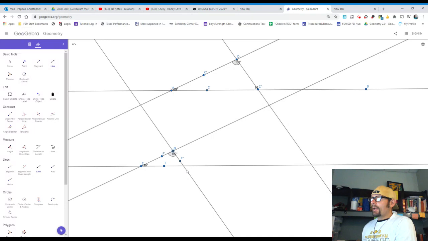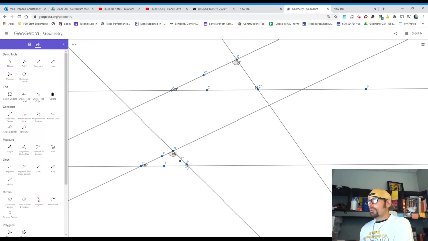And we will connect those. Okay. We can move point H right on that line right there.